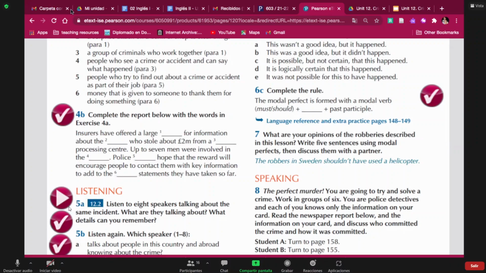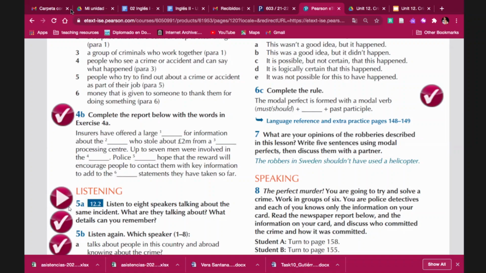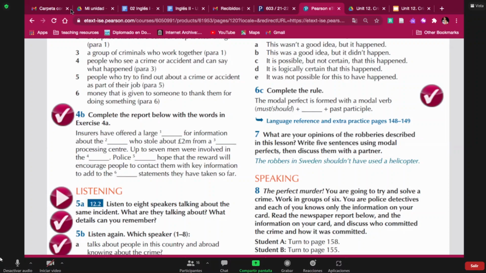Okay, so it says insurers have offered a large reward for information about the gang who stole up 12 million pounds from a cash processing center. Okay, good, thank you. Anna, would you please do the rest of the paragraph?